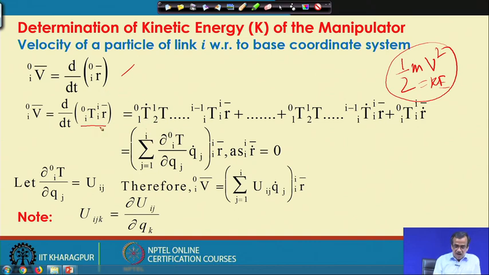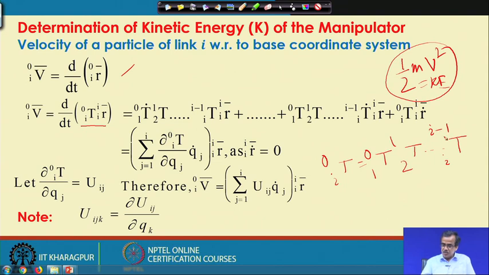Now, this T_i with respect to 0 can be written as T_1 with respect to 0 multiplied by T_2 with respect to 1, and the last term is T_i with respect to i minus 1. T stands for the transformation matrix. Now, I will have to find the derivative with respect to time.